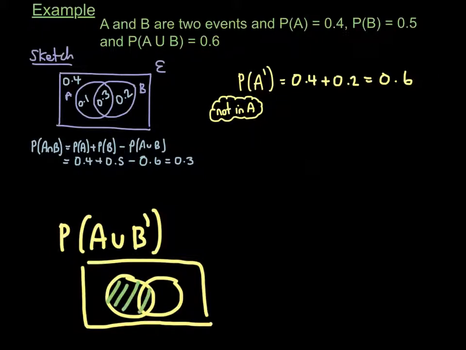So using that shading skill, diagonally shade A, and in the opposite direction shade the complement of B. And now because we're looking for the union of those two things, it's going to be all the areas that are shaded, including the crosshatch and just the other normal shading. So basically it's everything outside of this crescent. So it will be 0.4 plus the 0.1 and 0.3 in there. Okay, so our answer is just going to be 0.8.